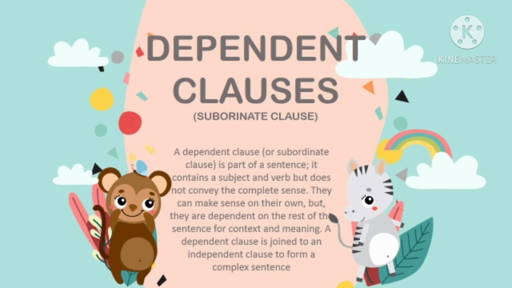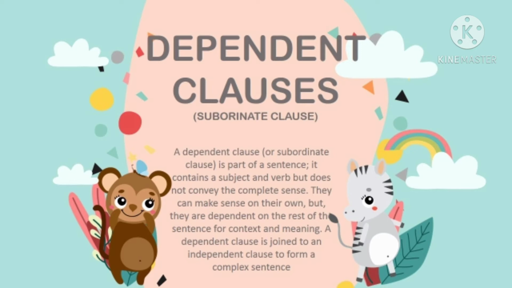It contains a subject and verb but doesn't convey the complete sense. They cannot make sense on their own, but they are dependent on the rest of the sentence for context and meaning. A dependent clause is joined to an independent clause to form a complex sentence.